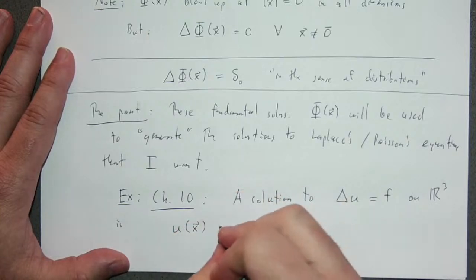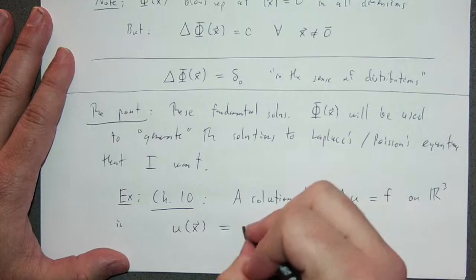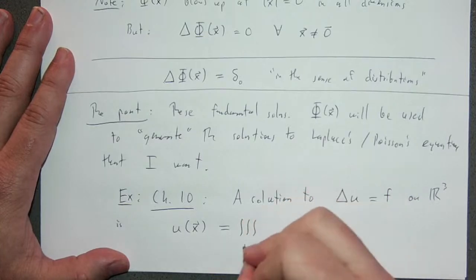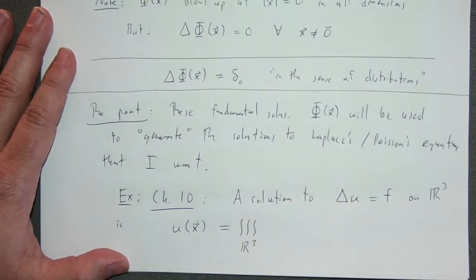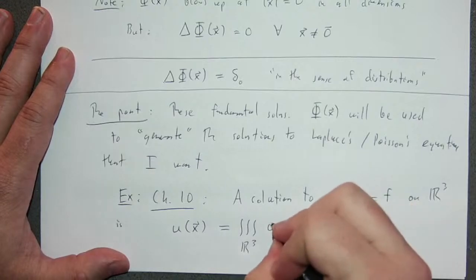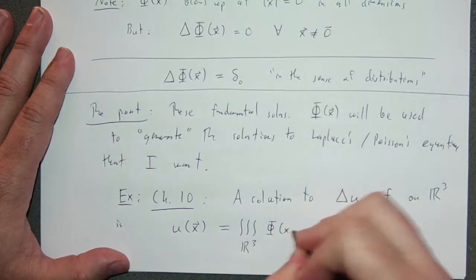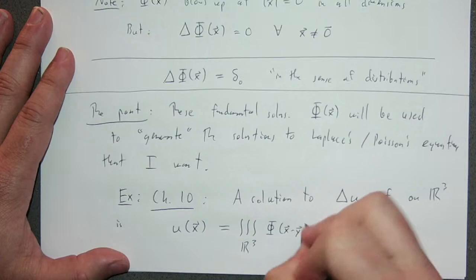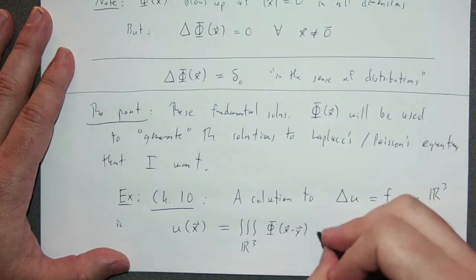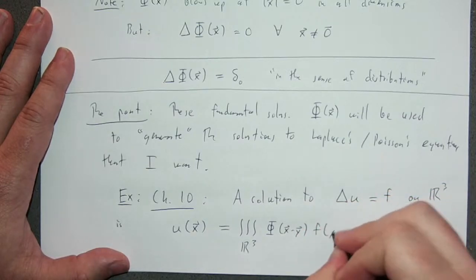U of x is the integral over R3 of the fundamental solution in R3 convoluted with f.